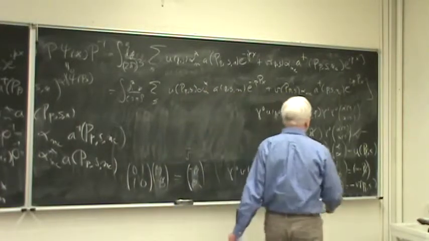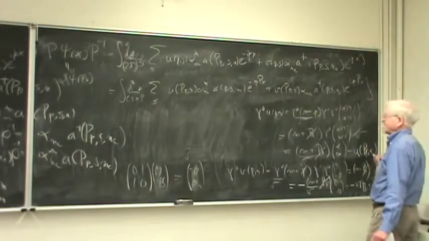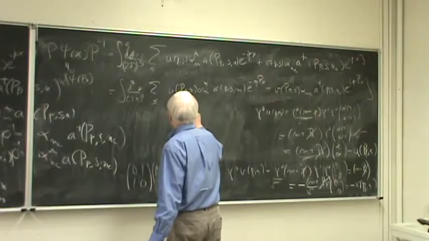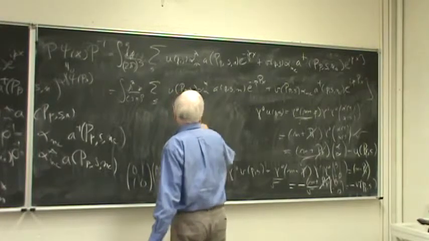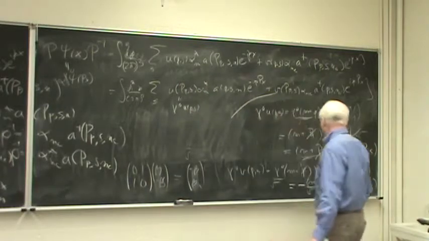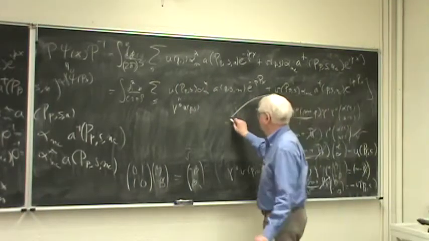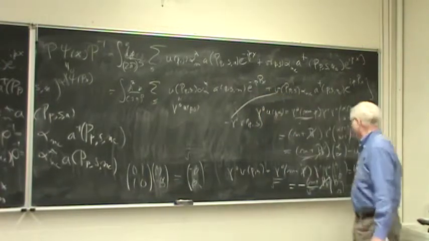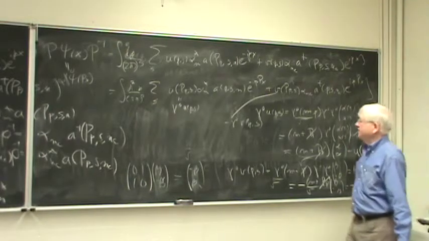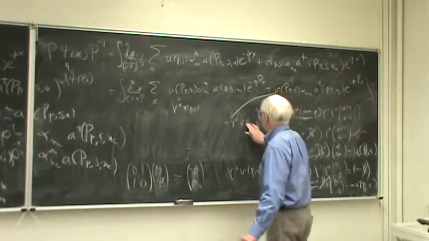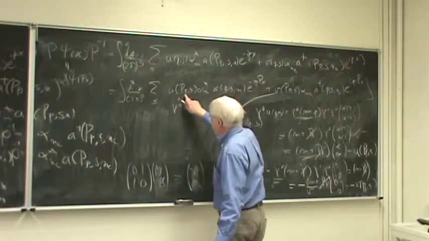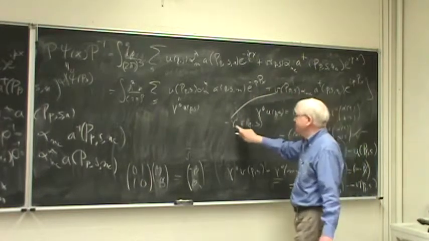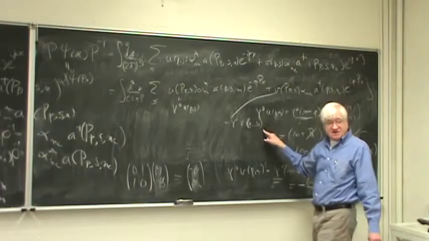Namely that u of reflected P and s is gamma 0 u of p and s, and v of reflected P and s is minus gamma 0 v of P and s.